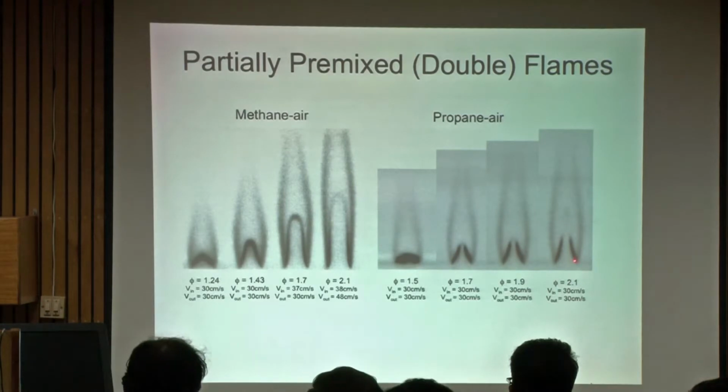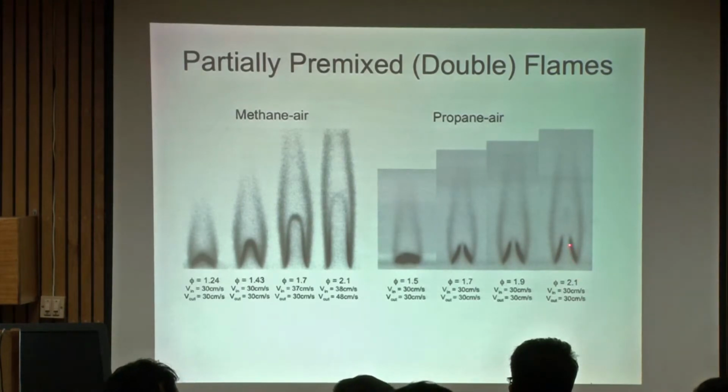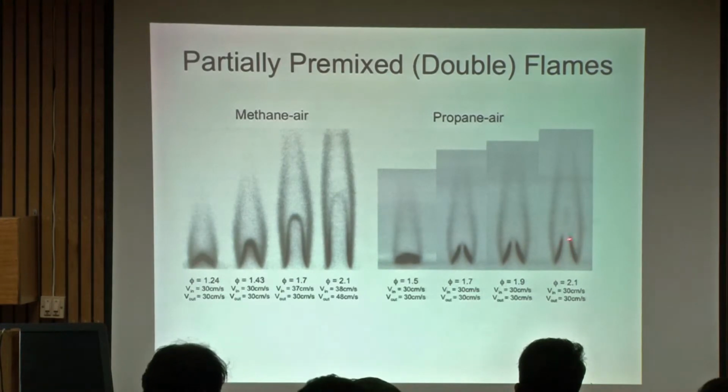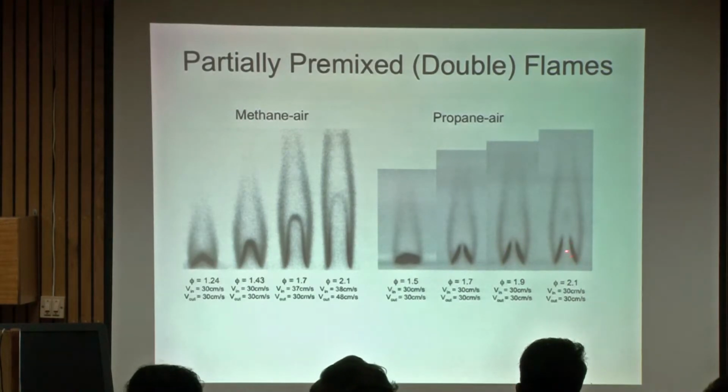And you see the premix flame appearing in these flames. For propane air, this tip is open because of the non-unity Lewis number effect. The Lewis number is less than 1. Otherwise, the overall behavior is very similar.